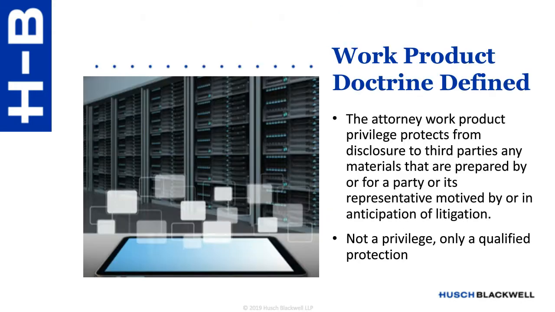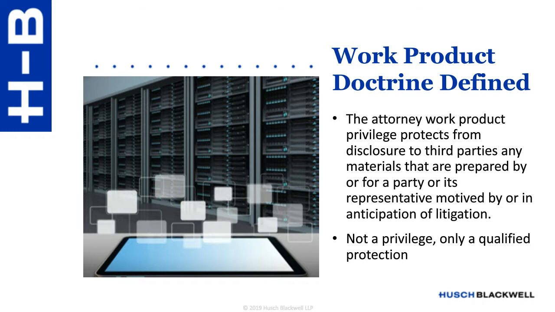All right, the next privilege I will cover is the work product doctrine. The attorney work product privilege protects from disclosure to third parties any materials that are prepared by or for a party or its representative motivated by or in anticipation of litigation. The work product doctrine is a valuable means of protecting confidential documents.